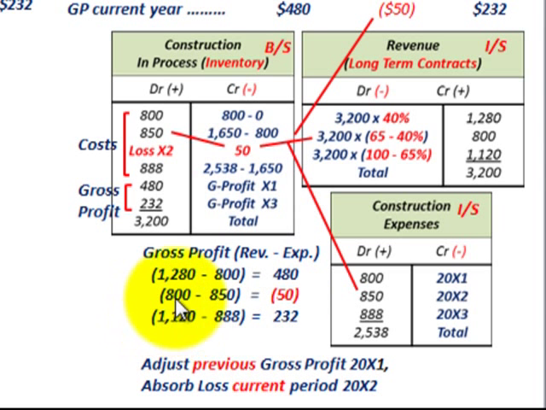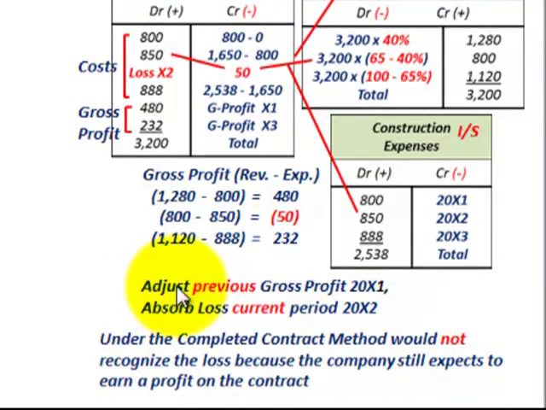And then gross profit in the last year, that was the 1,120 minus the cost of 888 in that third year, for 232. That's what we recognize for the last year in our construction in process account. So just going down and reviewing it, you adjust the previous gross profit.